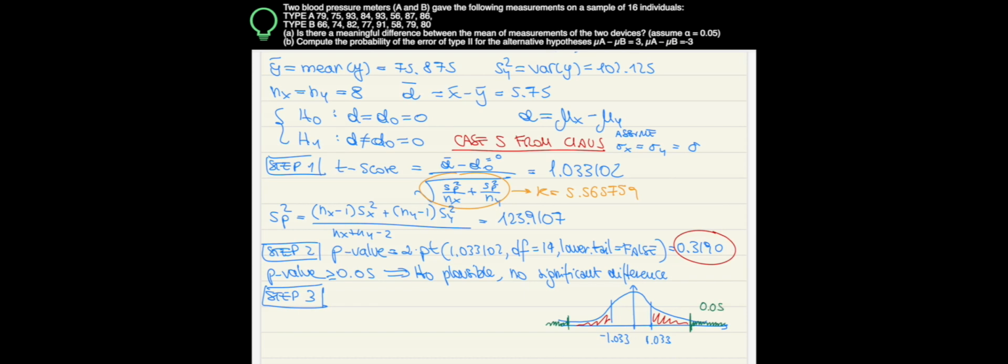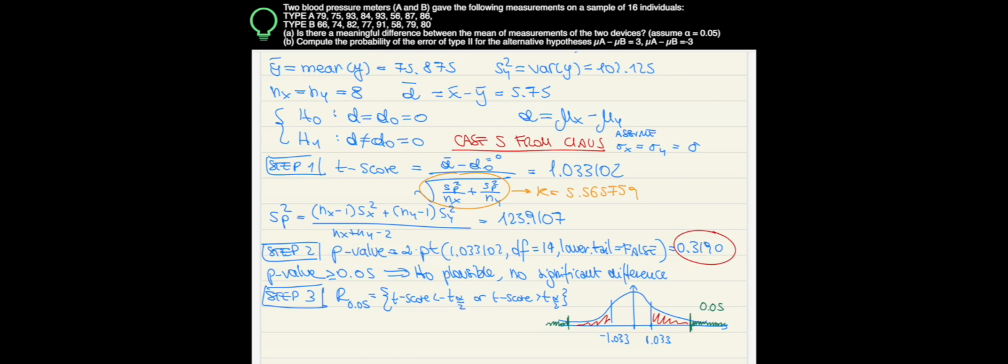So the critical region, alpha is equal to 0.05, so we can write this right away. Well, we reject if the t-score is lower than minus t alpha over 2, alpha is 5%, or we reject if the t-score is greater than t alpha over 2.